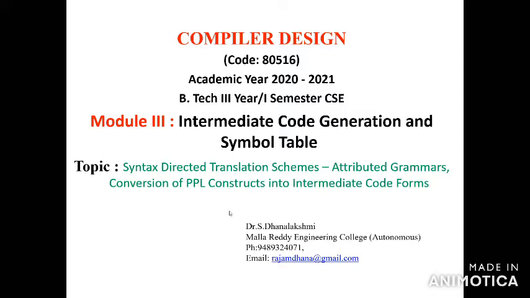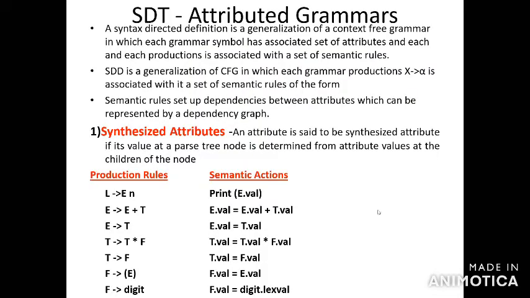In syntax directed translation scheme, we are specifying an attributed grammar. A syntax directed translation scheme is a generalization of context-free grammar in which each grammar symbol is associated with some set of attributes, and the productions are associated with some set of semantic actions.